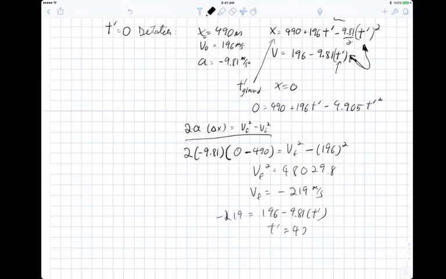42 seconds after. And at 42 seconds after, the position is going to be 490. So let's check that the position hits the ground.